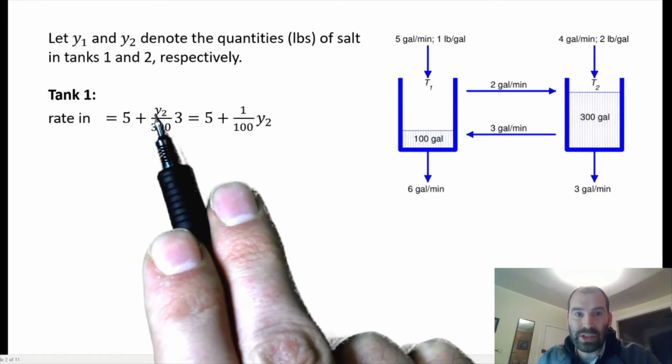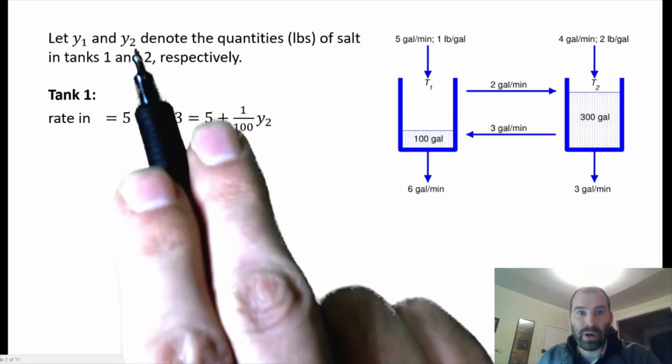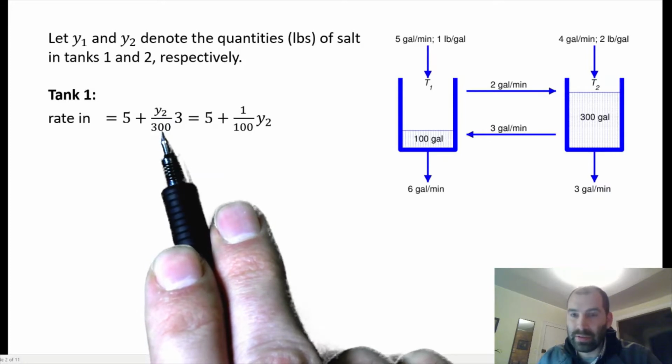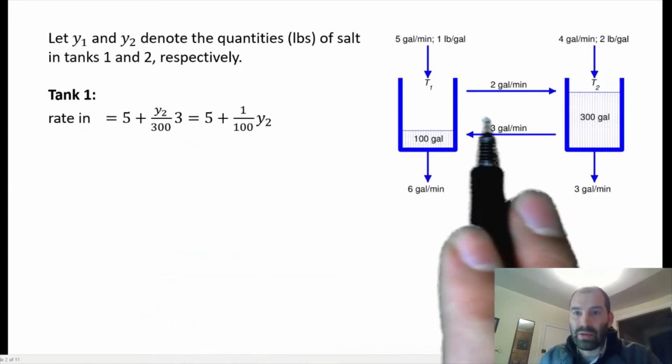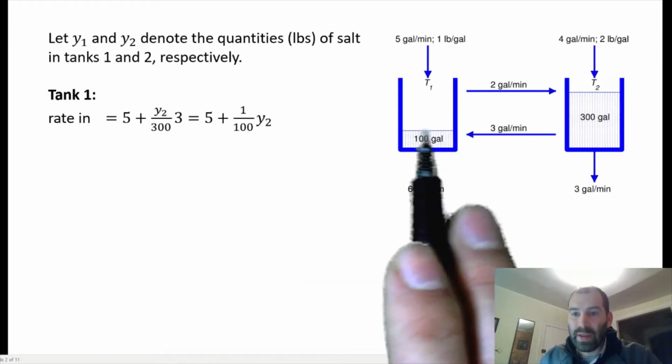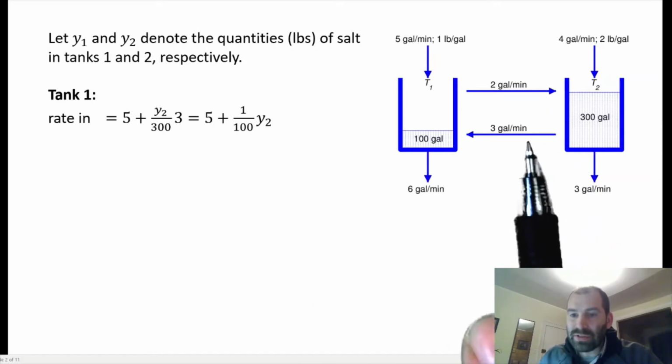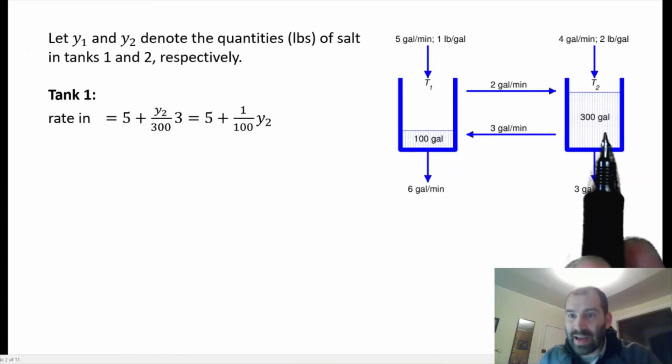This is the concentration. Amount of salt in tank 2 is what we're calling y2. Divide by the amount of fluid in tank 2, that's 300 gallons, and then multiply by the rate that it's going into tank 1. Now keep in mind, we're using the fact that the amount of fluid in these tanks is a constant.